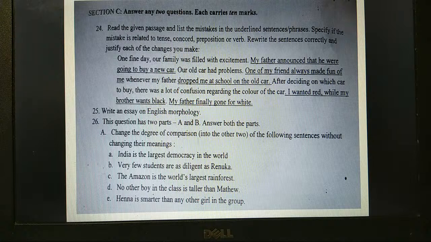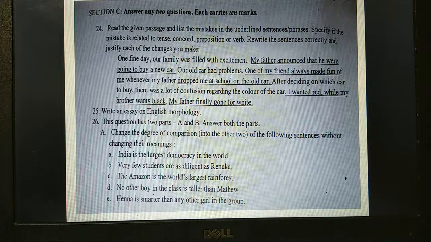This is decided, this is a plan, this is a realistic expression. So he were is wrong. This is reported speech and past tense. My father announced that he was going to buy a new car.